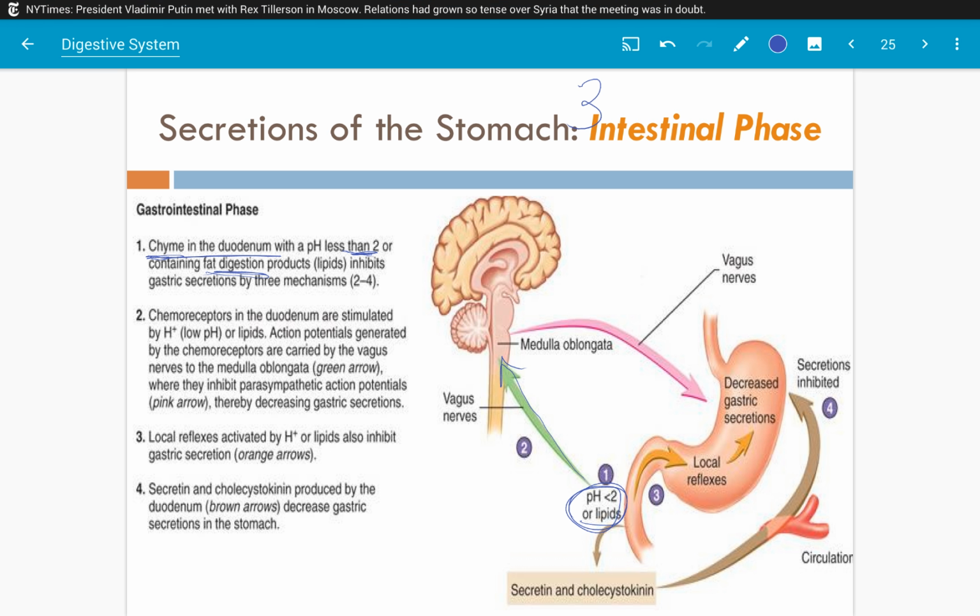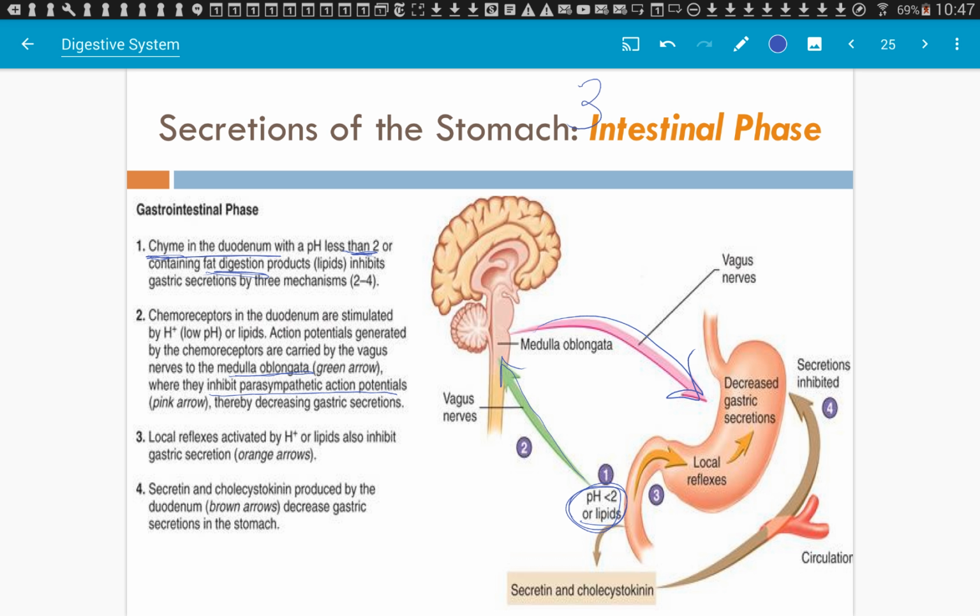So then the medulla oblongata responds by sending action potentials back to the stomach that inhibit secretions. So if you're inhibiting gastric secretions in the stomach, like hydrochloric acid, that will help increase your pH so that it is less acidic. Okay? So that is one way to help with the pH problem.